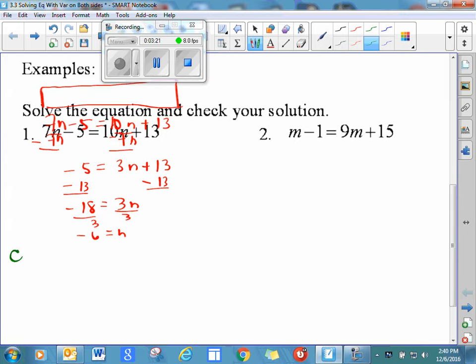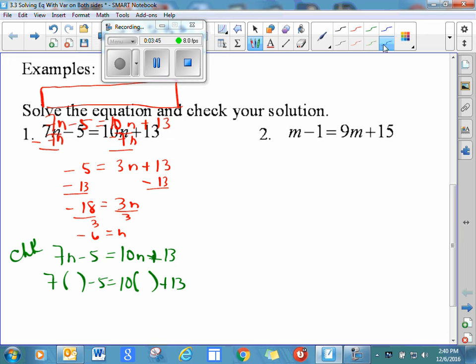For the check, I go back to the original problem. 7n minus 5 equals 10n plus 13. I think n is negative 6, but now I have to plug it in on both sides of the equation and see if my sides balance. When I do the arithmetic on both sides, let's hope I get the same thing.